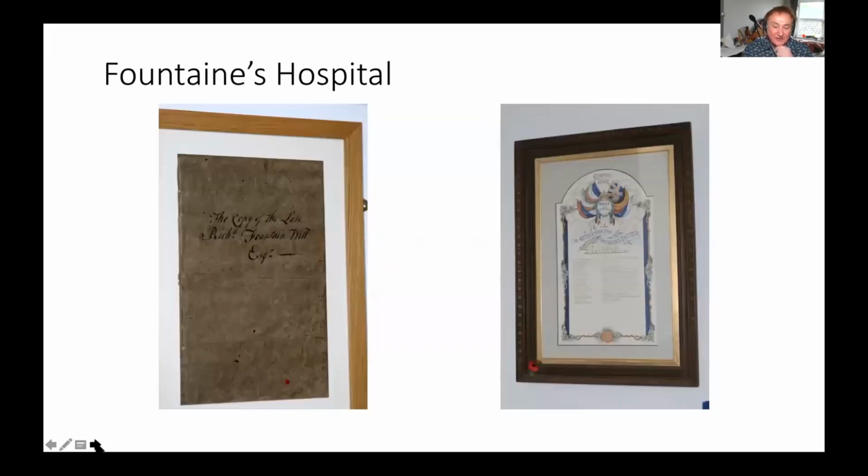And you can see the documents on the side. That's a copy of Richard Fountaine's will on there. A lot of the pages have been destroyed, and they think that's because of the feud within his family, of not using the money to build the almshouse, because they think that the almshouse was half built, and then the feud continued and they wouldn't release the money for the rest of it.